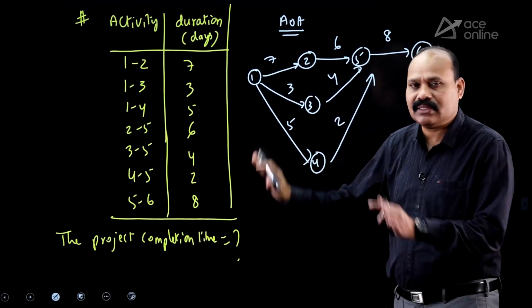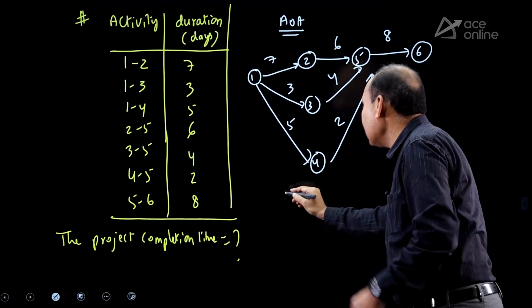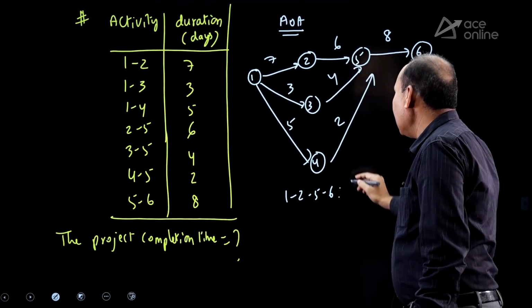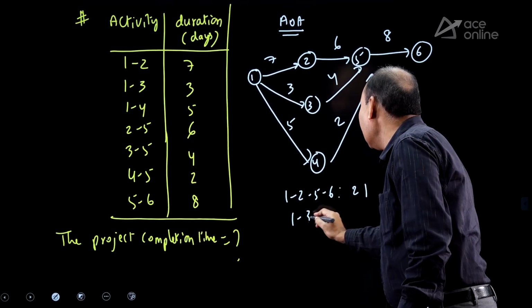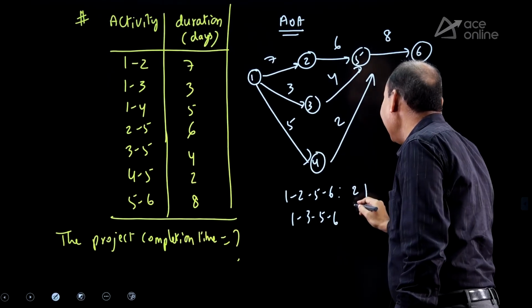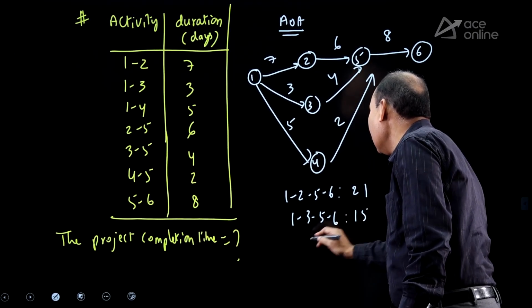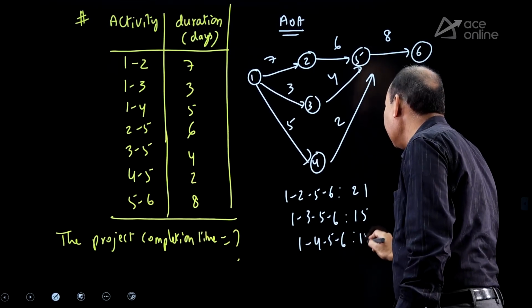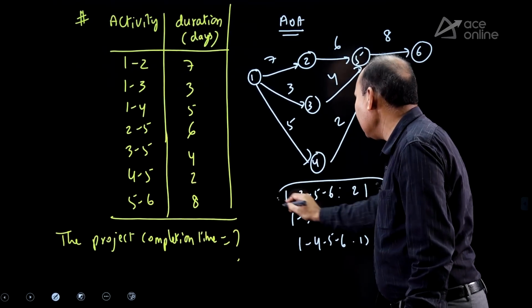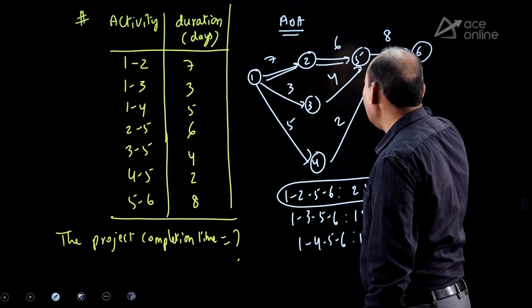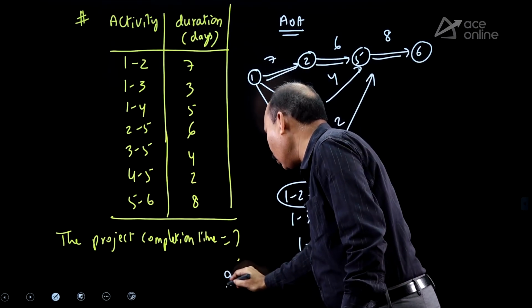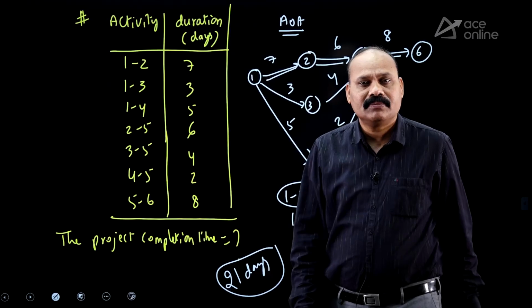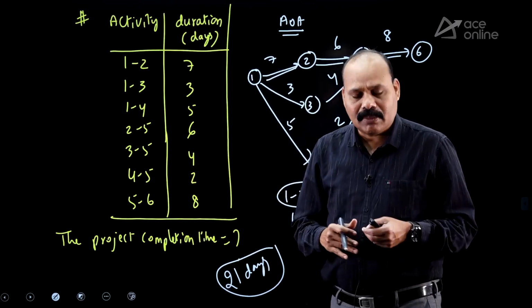So the given data, as it is, I am keeping in the form of a diagram. Take the paths: 1, 2, 5, 6, 7 plus 6 plus 8, 21; 1, 3, 5, 6, 3 plus 4 plus 8, 15; 1, 4, 5, 6, 5 plus 2 plus 8, 15. Critical path is 1, 2, 5, 6, you can highlight, and the completion time of the project is equal to 21 days. So this is regarding project completion time.